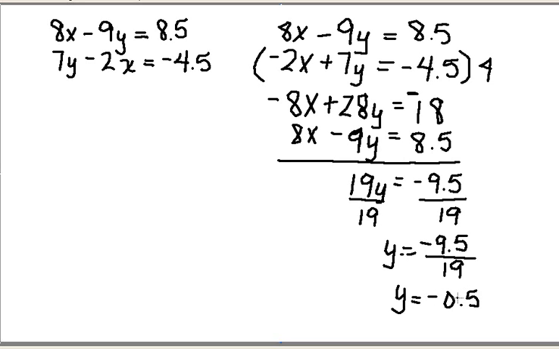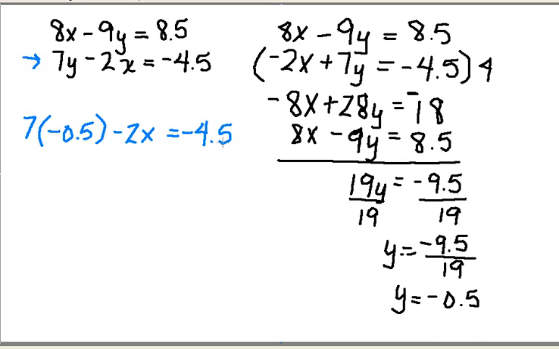All right. So now I have to pick an equation, any equation, to figure out what x is. It doesn't really matter. I guess I'll just pick this one. So we get 7 times minus a half, minus 2x equals minus 4.5.